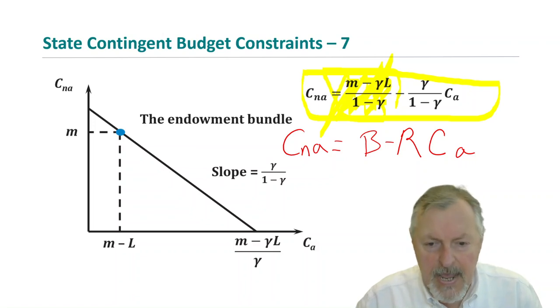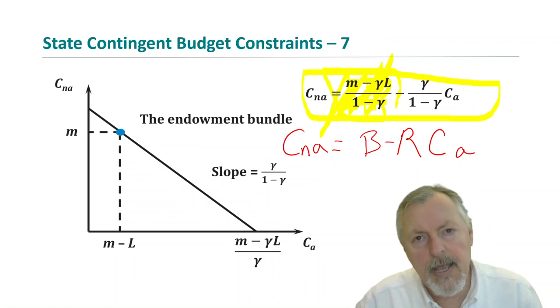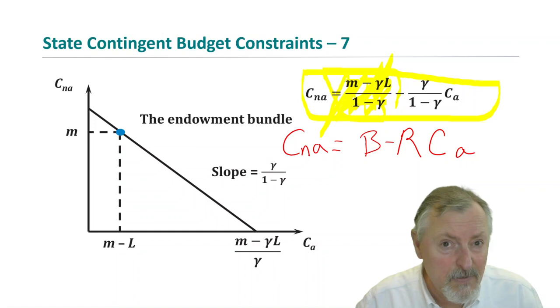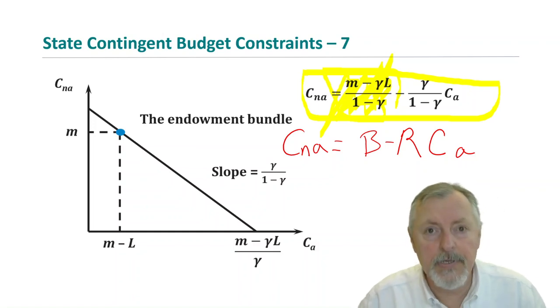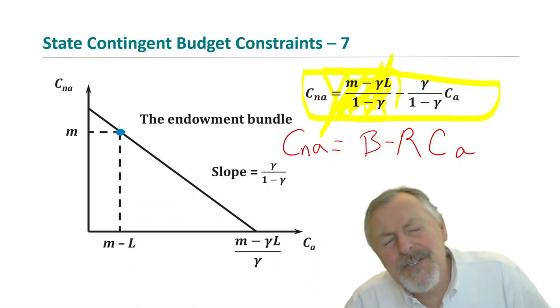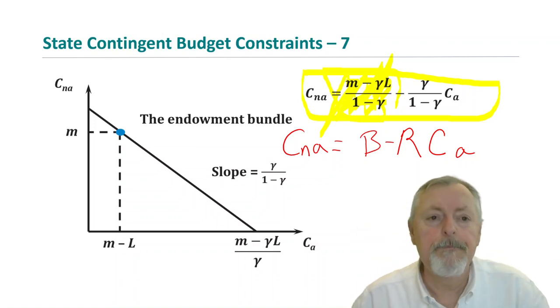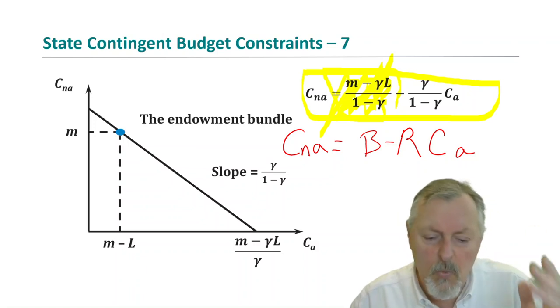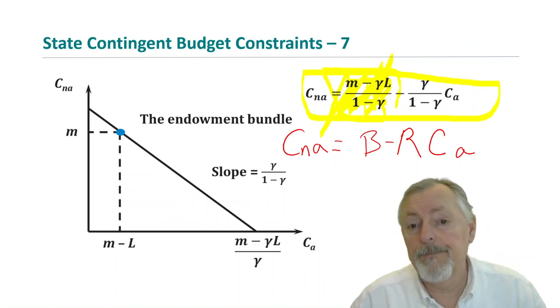Well, CA is on the horizontal axis. Often, when you were first learning about graphing, you'd always call that X. And the vertical axis, you'd always call Y. Nothing special about those variable names, but they're familiar. So I'm going to rename them.